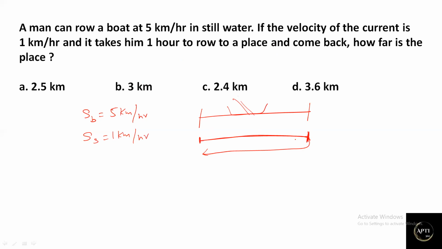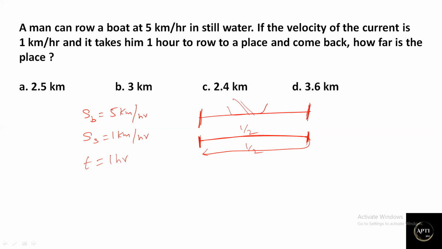One is forward and one is coming back, so two times the distance in a total time of 1 hour. On average we can say that for starting to ending he will take half an hour, and coming back he will take half an hour, correct? Now what we need to find is how far is the place, which means we need to find the distance.